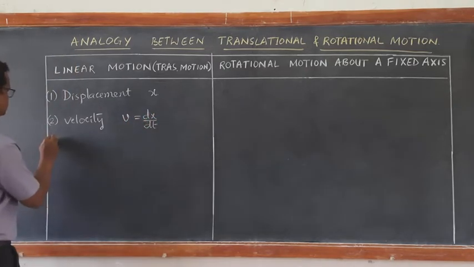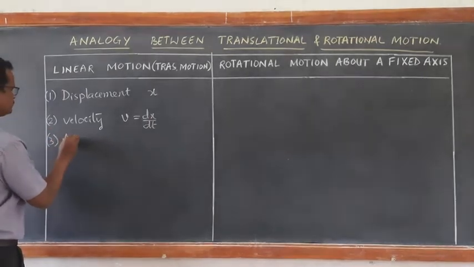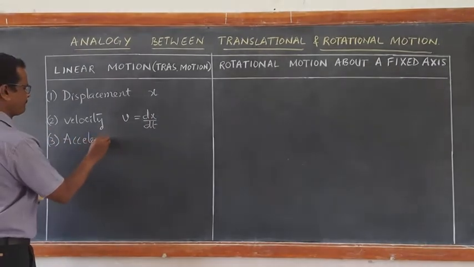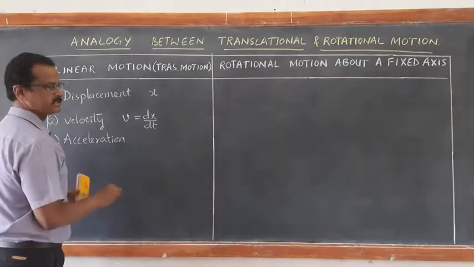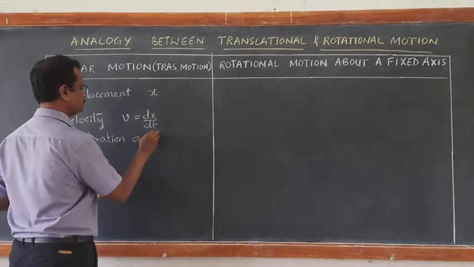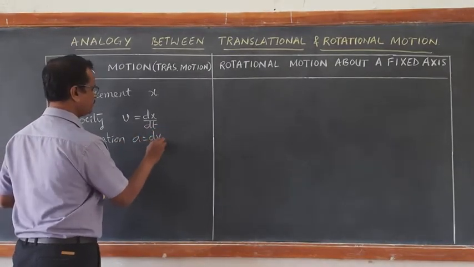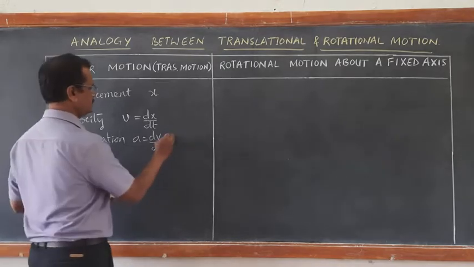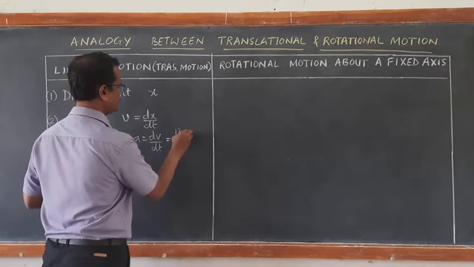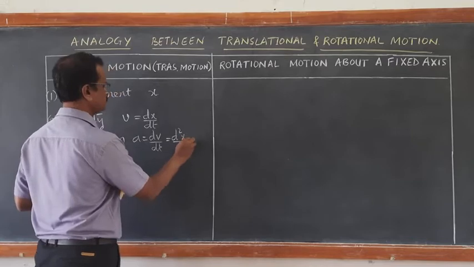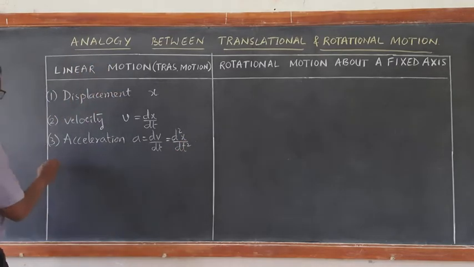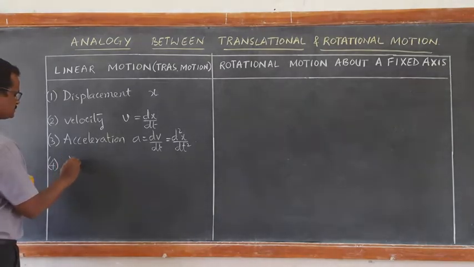Then we learnt acceleration, linear acceleration, a is equal to dv by dt, the rate of change of velocity, that is d square x by dt square. Then we learnt mass.